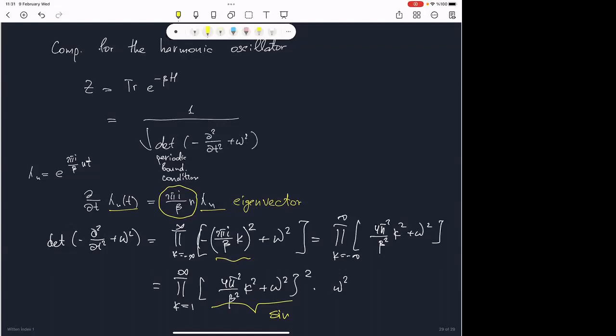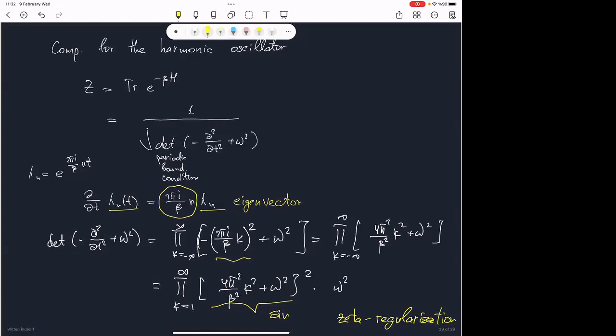In order to deal with this divergence, you need zeta regularization. That's important, it's the correct way. You need to regularize, and you need to use zeta regularization here.